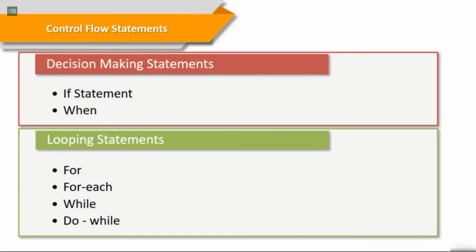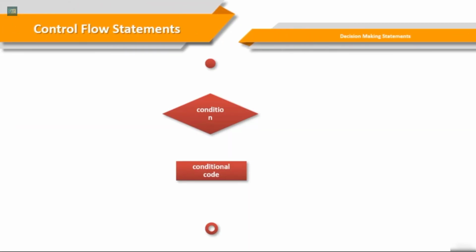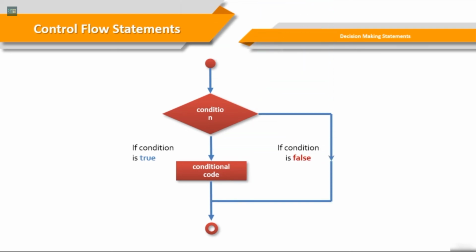Very cool, because decision-making structures have one or more conditions to be evaluated or tested by the program. So if you look at the diagram, I'm going to show you if some condition occurs, check condition. If the condition is true, execute conditional code. If conditional is false, pass conditional code and continue.